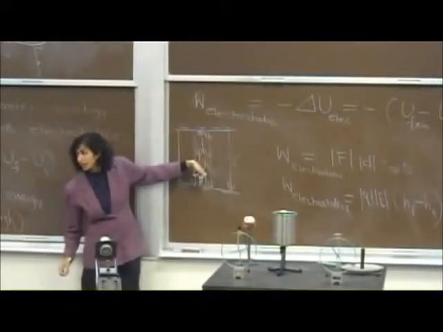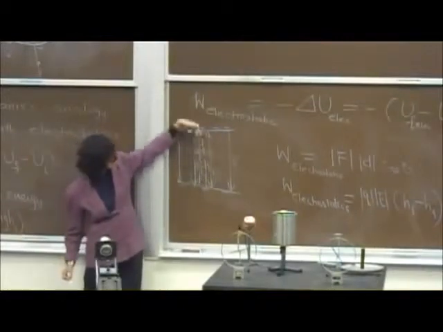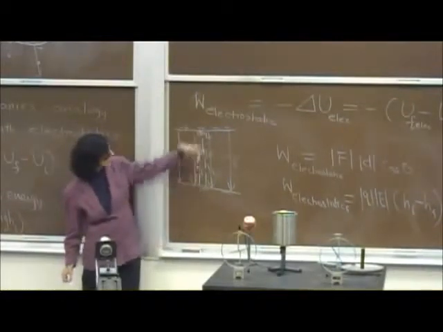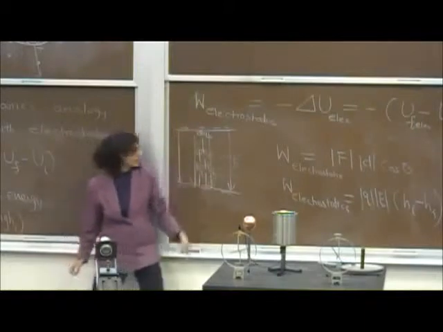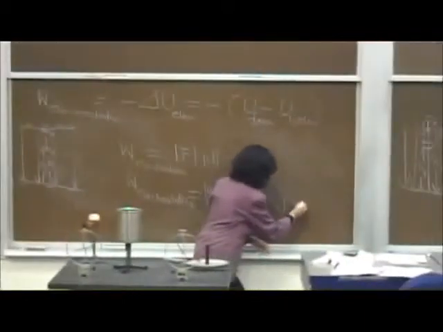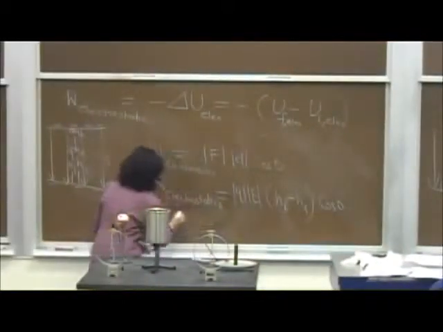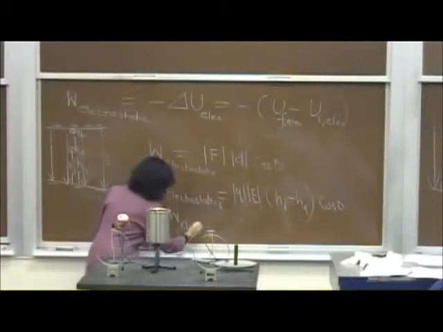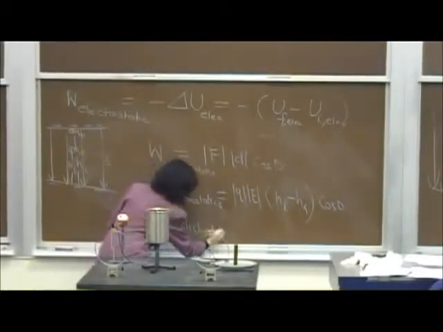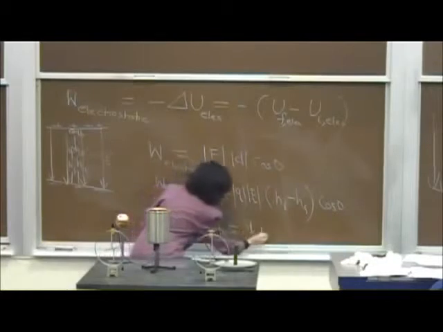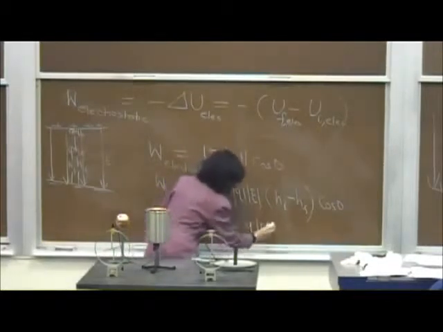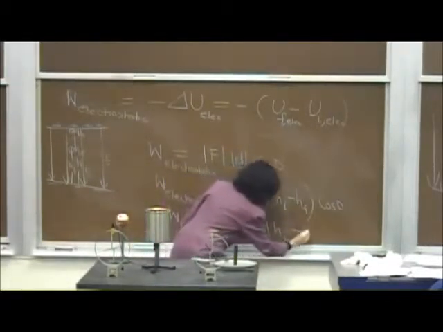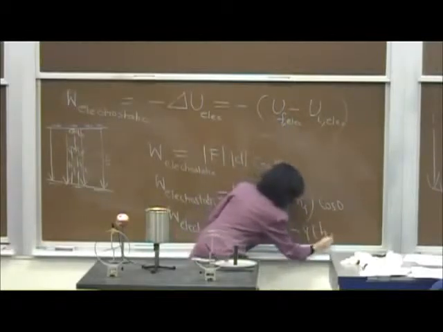F is equal to QE. So the force on a positive charge is in the direction of electric field, and displacement is also down. So cosine theta is cosine 0. And so work done by the electrostatic force then is equal to QEh_i minus QEh_f.